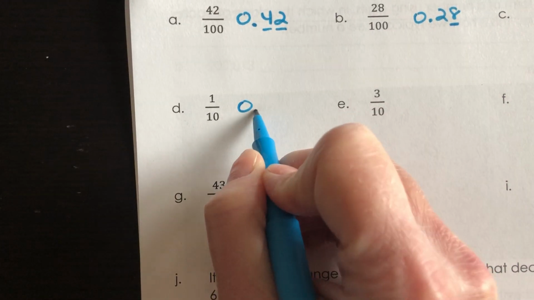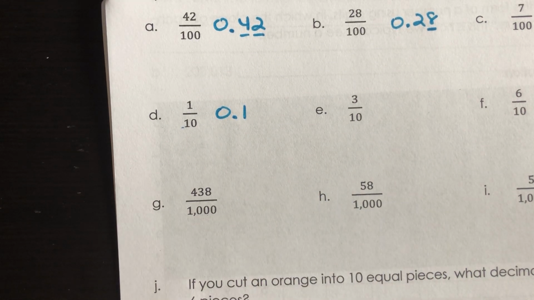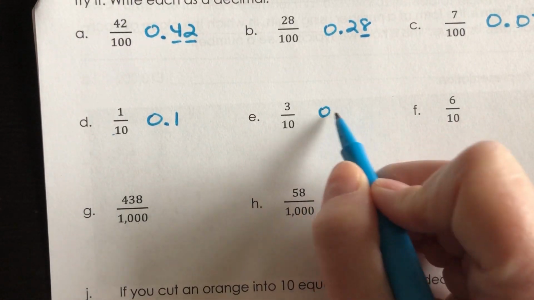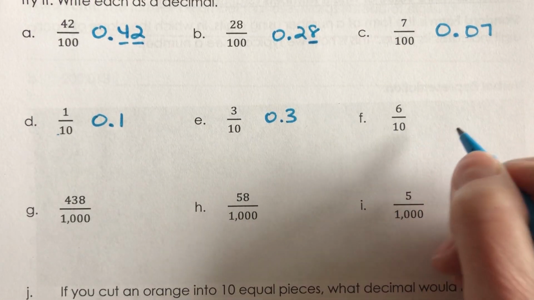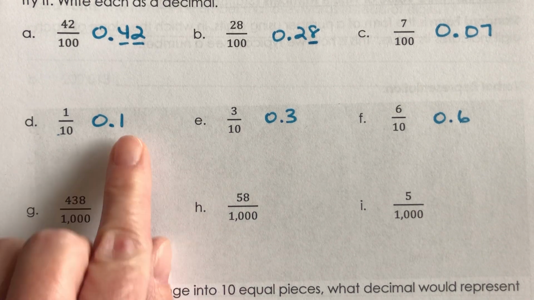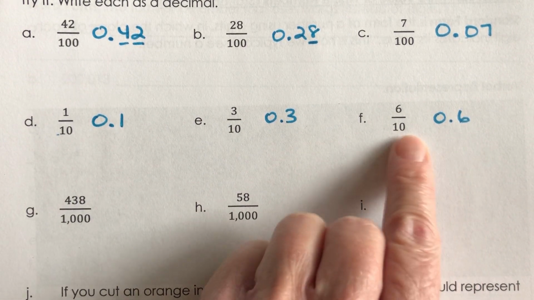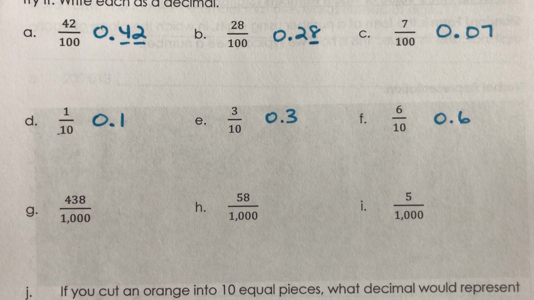That means I need to have a 1 in the tenths place. The tenths place is the first one to the right. If I have 3/10, that means I need a 3 in the tenths place. And if I have 6/10, I would need a 6 in the tenths place. So whatever your denominator is, that tells you what place when we're dealing with hundredths, tenths, and thousandths.